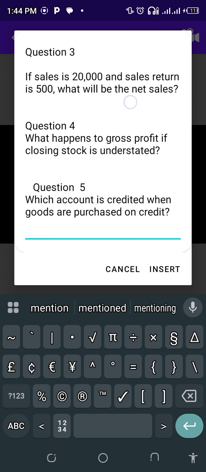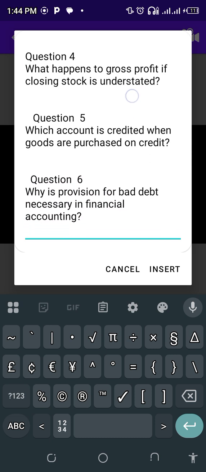Question 4. What happens to gross profit if closing stock is understated? Do you remember how we treated it when closing stock is overstated? Can you use that logic to answer this question now? These are potential examination questions, so do not run away from them.